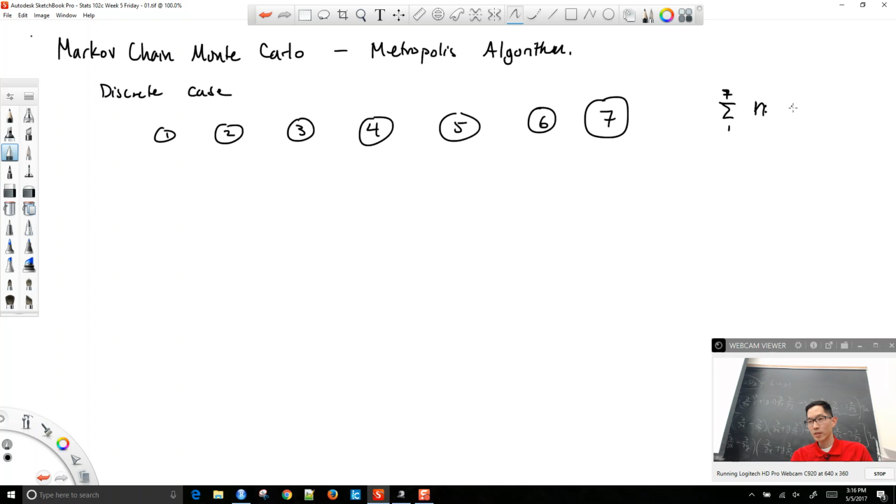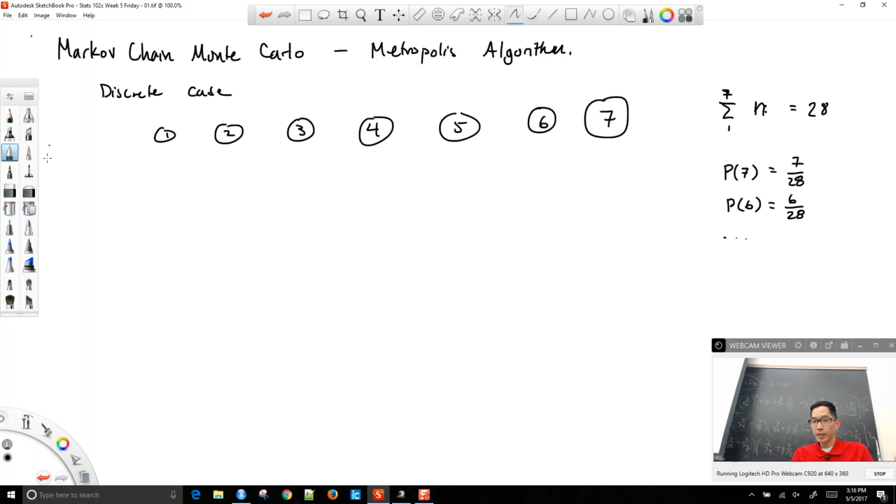And what is that? 8 times 7 over 2, which is 28. And then the probability of being on 7 would be 7 out of 28, and the probability of being on 6 would be 6 out of 28, and so on and so forth.